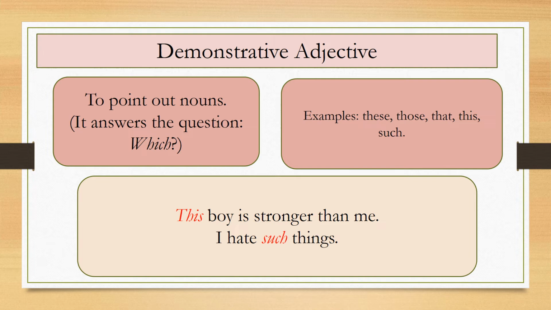This word means that it is a demonstrative adjective. Similarly, I hate such things. Such connotes that it is a demonstrative adjective. It means that it is pointing out something.